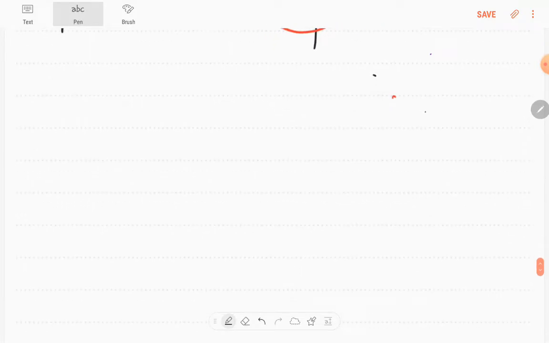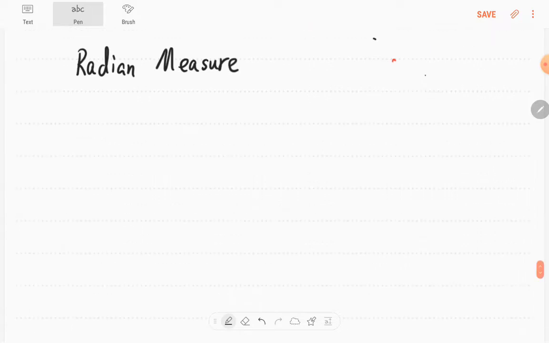Let's look at the other measure, which is called the radian measure. Now let's look at how we define a radian measure.